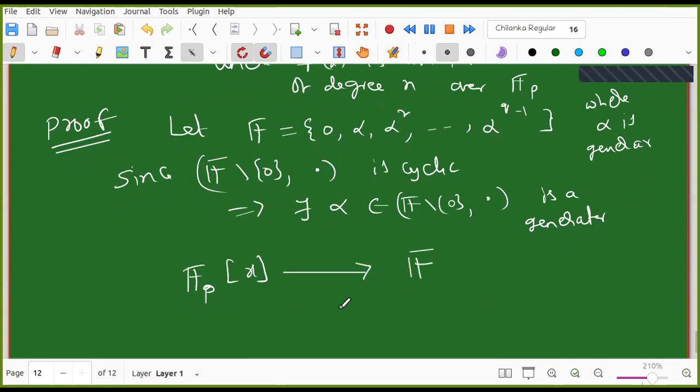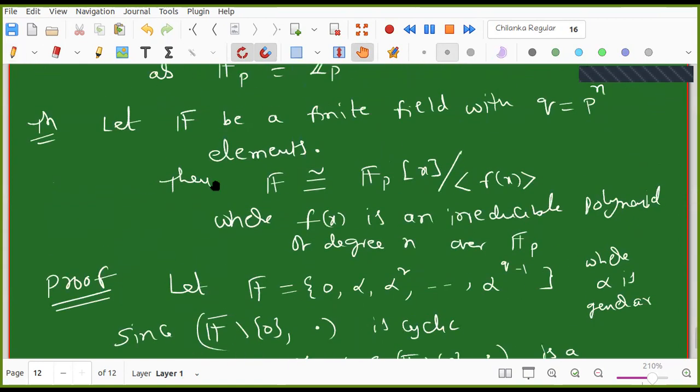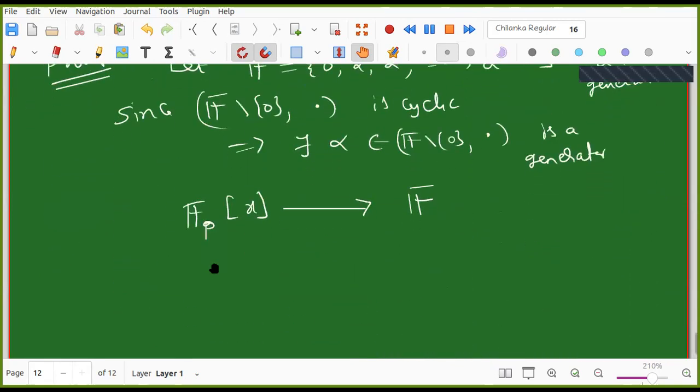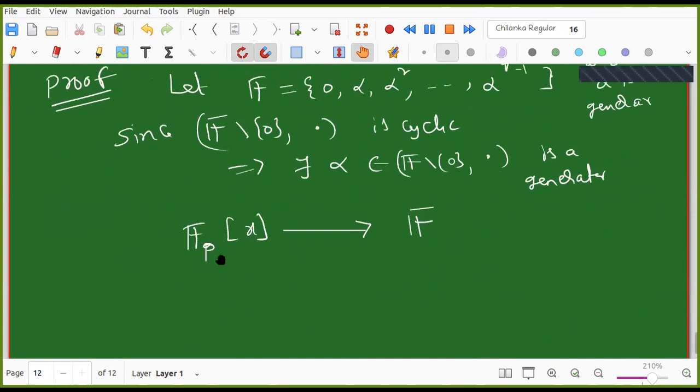So please remember, all of you be careful. F is a finite field with p^n elements. Then what am I claiming? F is isomorphic to Fp[x] modulo the ideal generated by some irreducible polynomial. To prove that, I'm defining a map from Fp[x] to F, an evaluation map, x going to alpha.